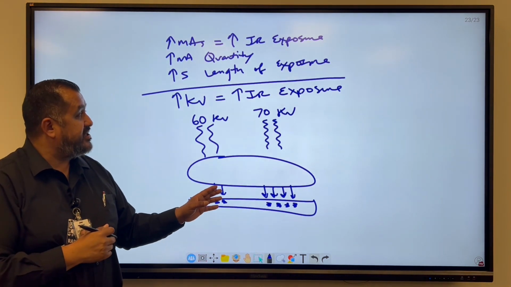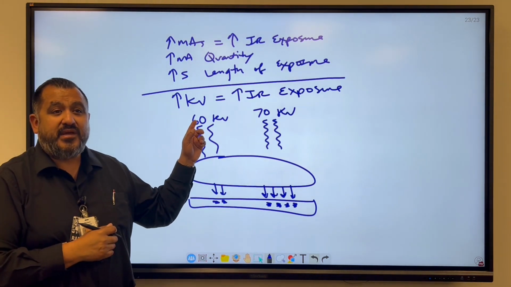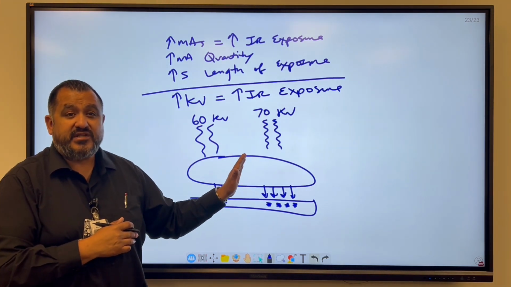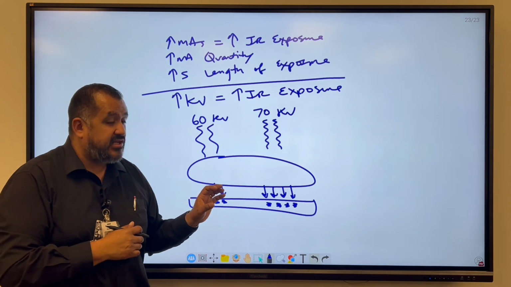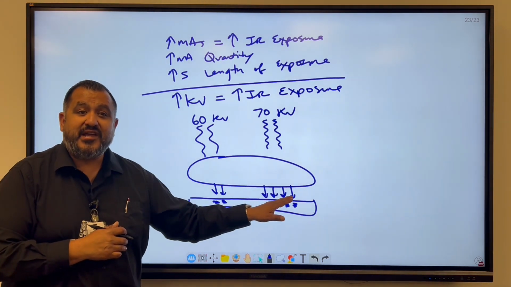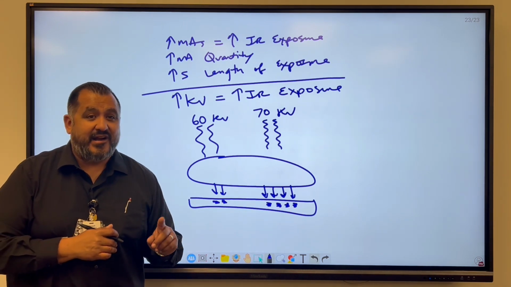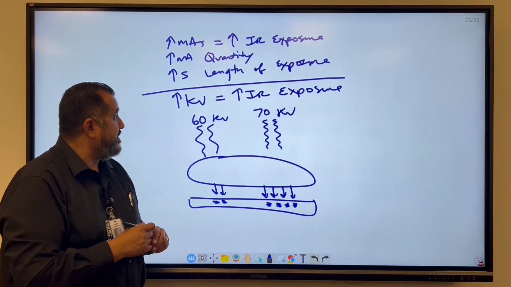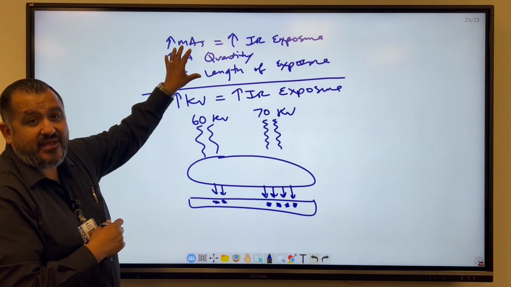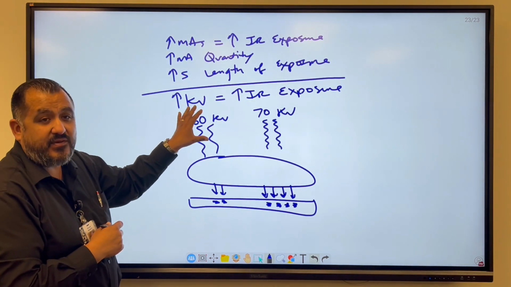So we need to understand, as you increase kVp, let's say for example 60, 70, the intensity of the energy is going to push through more x-rays. That means more x-rays are going to hit the detector, and that's going to increase IR exposure, okay? Now, that's kVp. So notice we have mA, time, mAs, we have kVp.